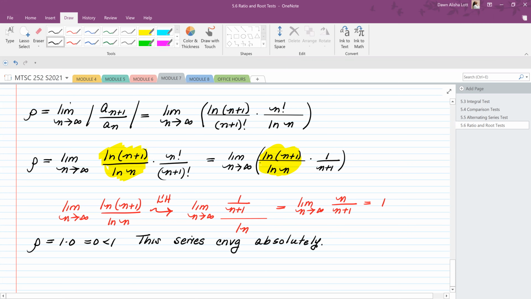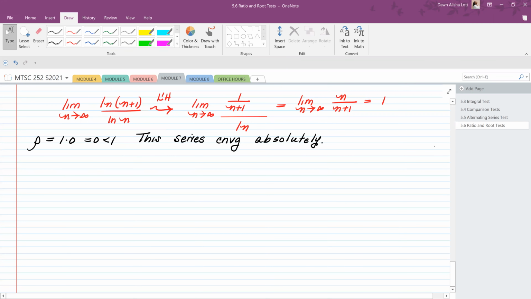Okay, number 4, summation n equals 1 to infinity of n plus 3 over n plus 2.